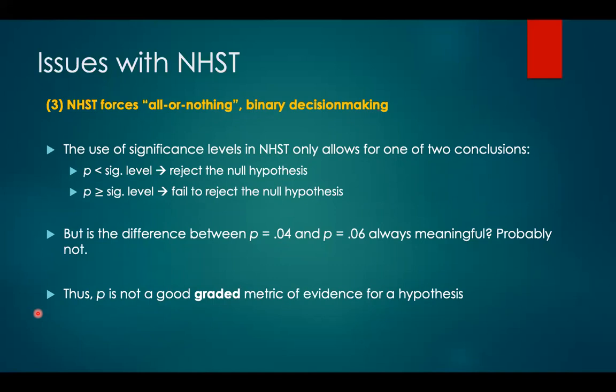But in actuality, is the difference between p equals 0.04 and p equals 0.06 always meaningful? Probably not. Thus, p is not a good graded metric of evidence for a hypothesis, because we have to make this binary decision to either reject the null hypothesis, communicating support for our research hypothesis, or we simply fail to reject that null hypothesis and our results are inconclusive.